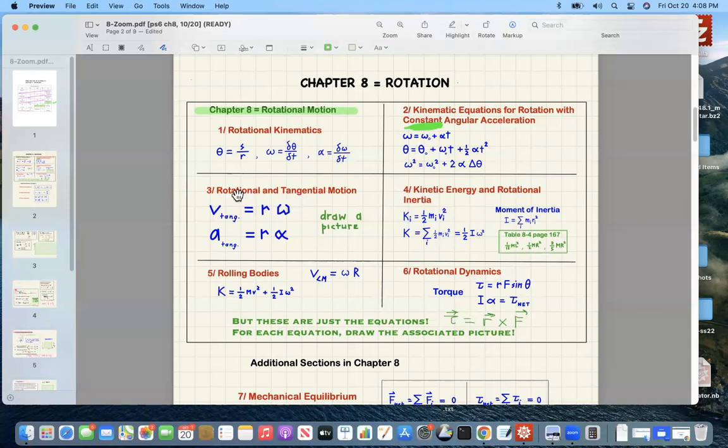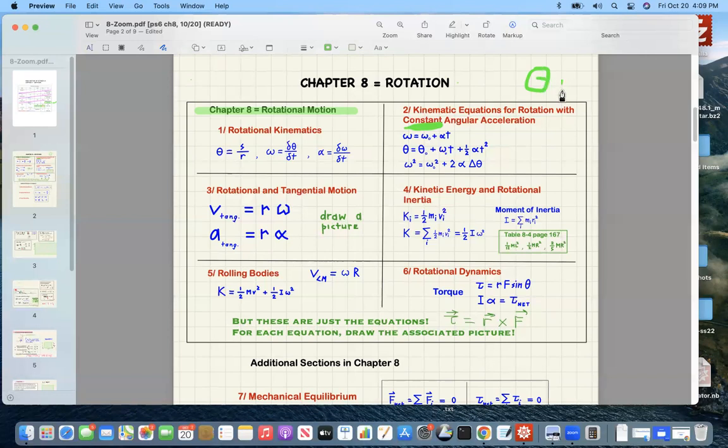Now, there's a relation between angular motion and tangential motion on a circle. So let's draw a little picture here. Suppose we had a circle of a certain radius.